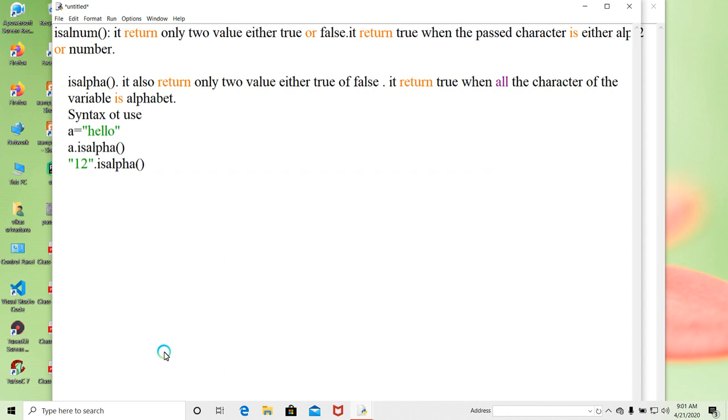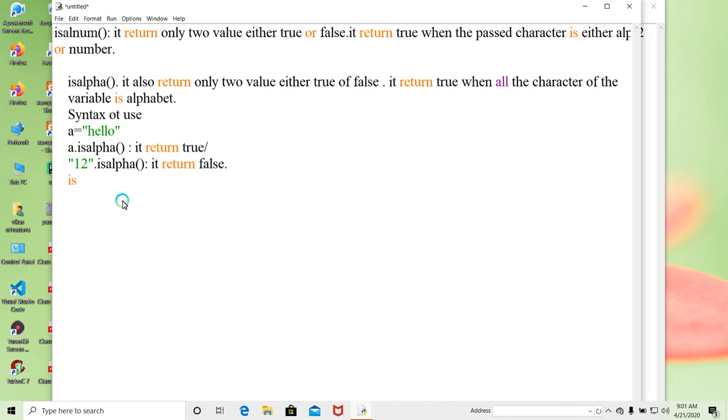So here it returns true because in the A variable all the values are alphabets, and here it returns false because all the values of this string are not alphabets.